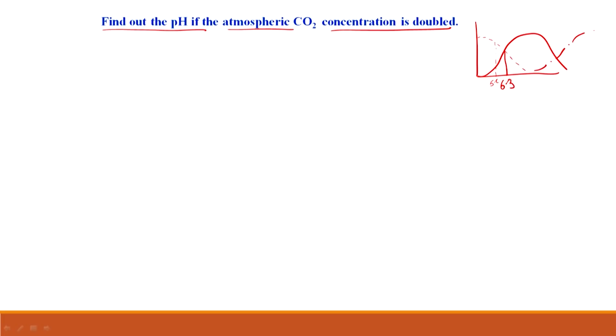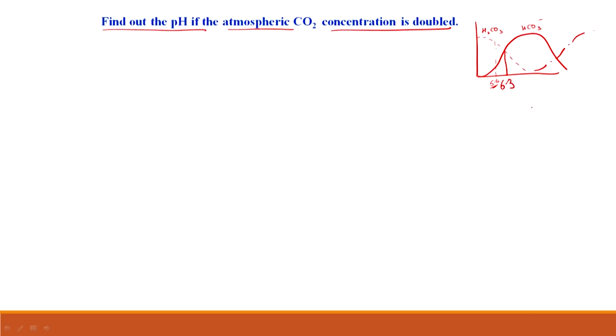But please note that at a pH of 5.6, most of the carbon dioxide in the aqueous phase is as H2CO3 itself. Very little will be present as HCO3 minus.